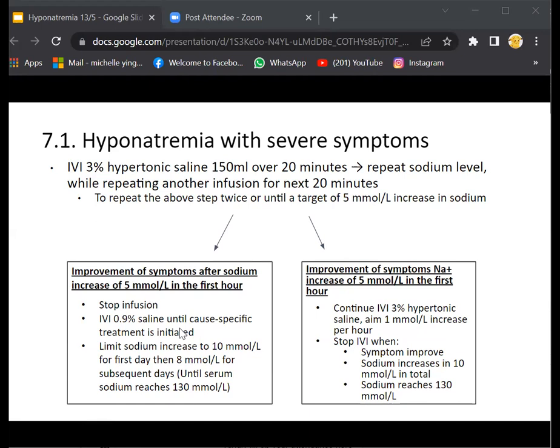Sometimes when you treat the hypocortisolism, suddenly there will be increased free water excretion and the sodium can go out very fast. So these are patients that we have to watch out for, and especially other patients at high risk for ODS, including those with very severe hyponatremia, less than 100, the elderly, and those with malnutrition.